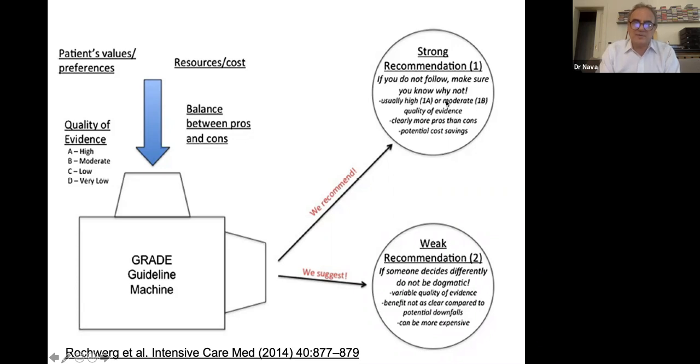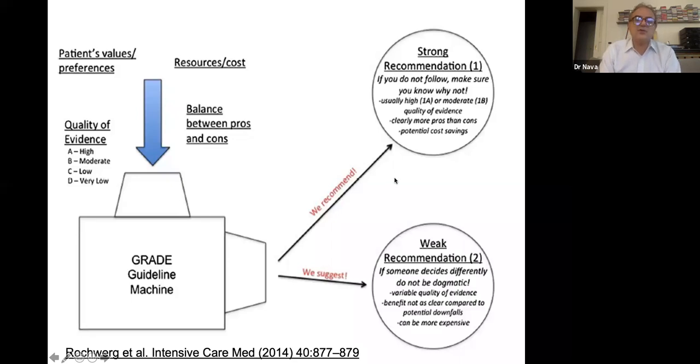For example, if you can't ventilate a COPD patient one night using non-invasive ventilation because you do not have any interface, well, you need to sign on a paper: NIV was indicated, but I didn't have any interface in my hospital, or the patient refused it, or the patient had a lot of secretions, whatever.